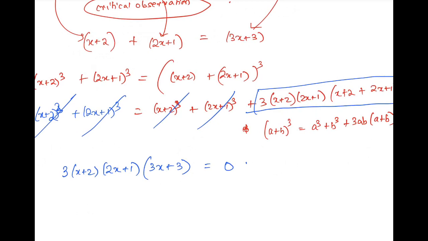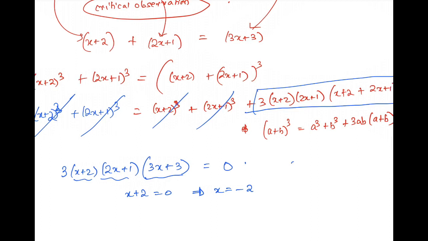Now immediately we get 3 possibilities, each of these pieces can be 0. So x plus 2 equal to 0 gives me x equals -2, which was actually our first guess. We guessed it using Fermat's last theorem. We already have x equals 1. We now have x equals -2.